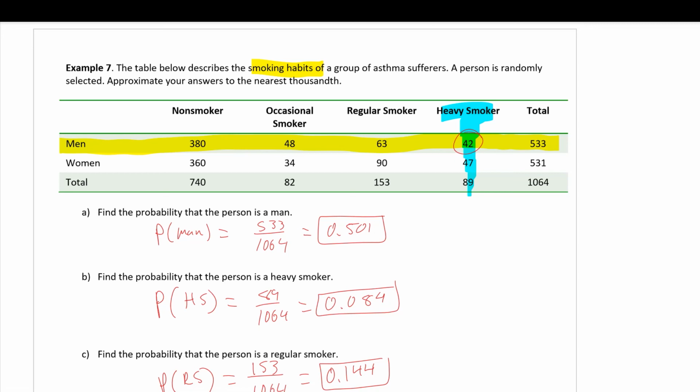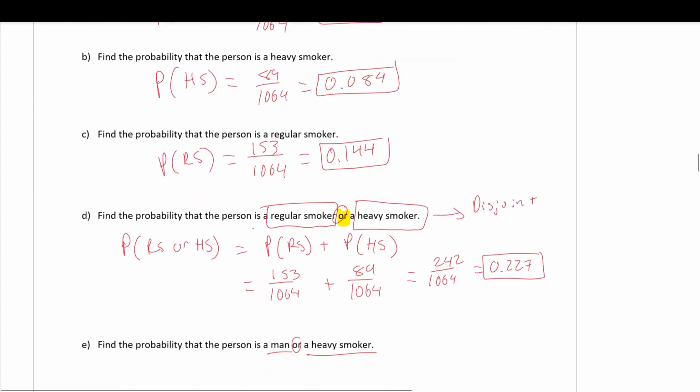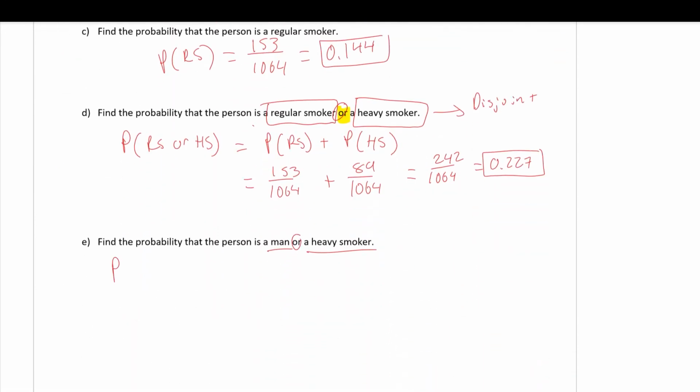All right, so we're going to count for all the men, then all the heavy smokers, and then when we add those up, we'd be essentially double counting that 42, so we're going to have to correct that by subtracting it off. Okay, so the probability that the person is a man or a heavy smoker, well, that's the probability of getting a man plus the probability of getting a heavy smoker, and then we have to correct for the double counting by removing the intersection once.